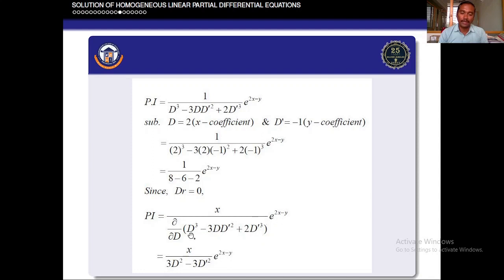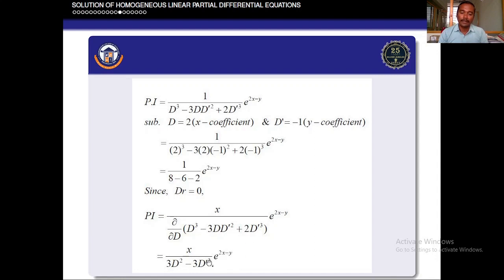Now differentiate the D terms only. So D cube gives 3 into D square. This is the second D term, minus 3 into D differentiation 1 into D dash square into the exponential function.